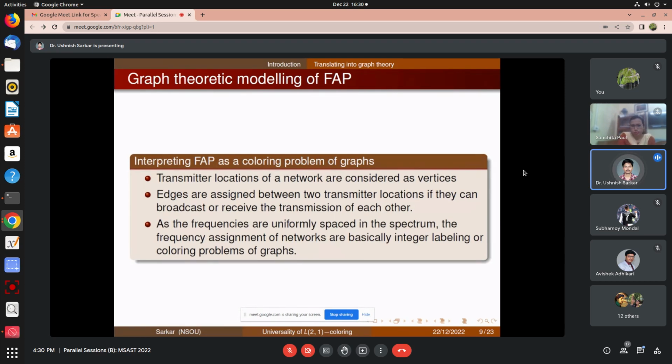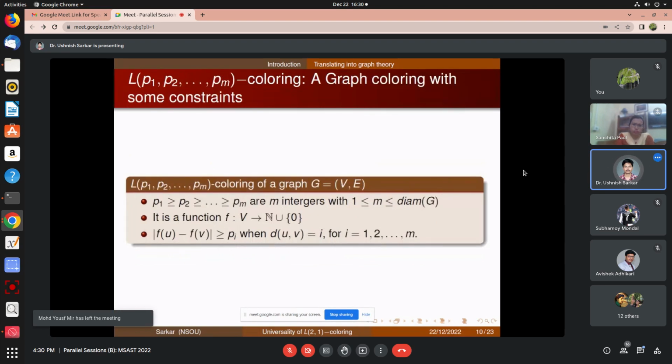So we are ultimately seeing this problem as coloring a graph with non-negative integers, and of course keeping in mind the factor of interference.